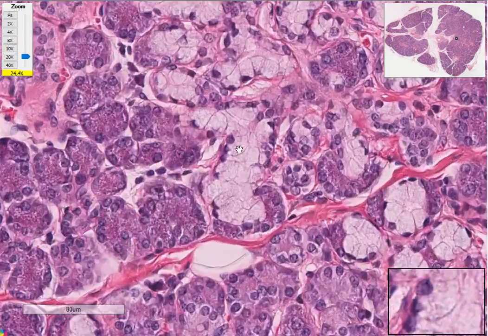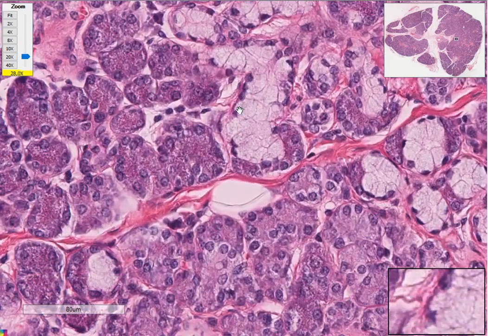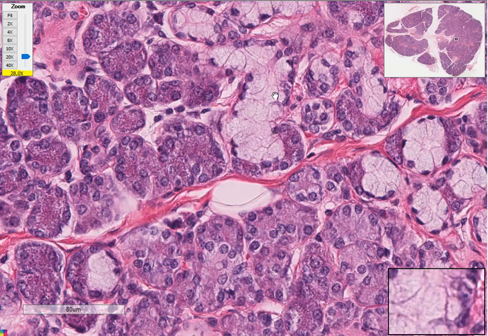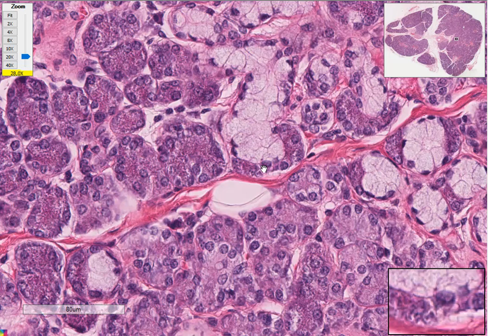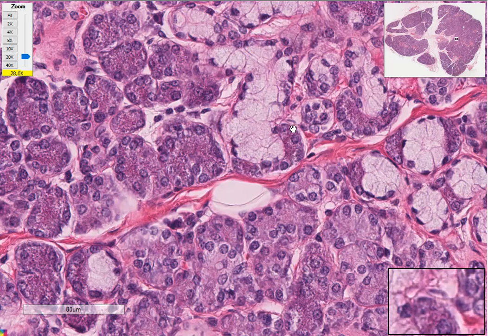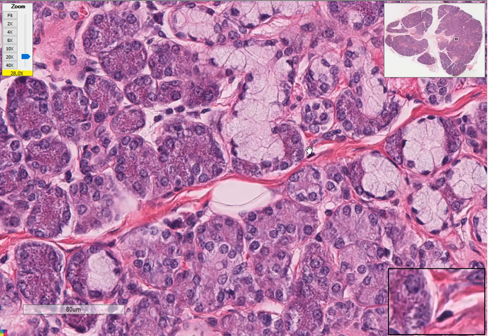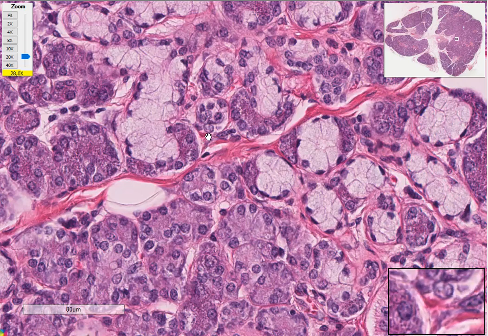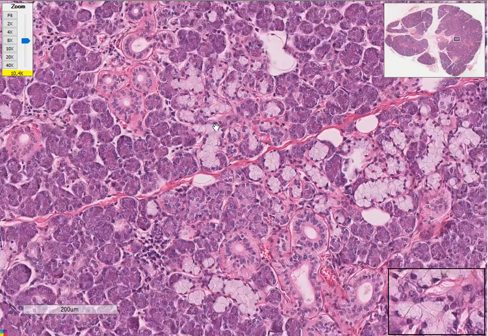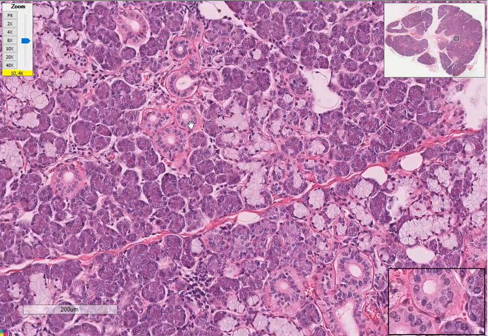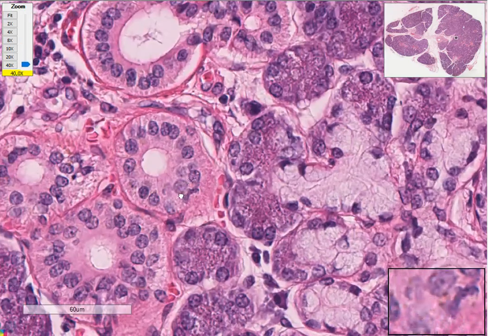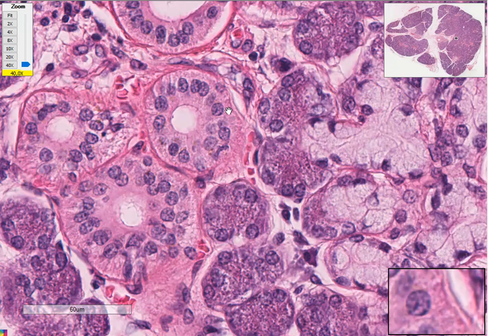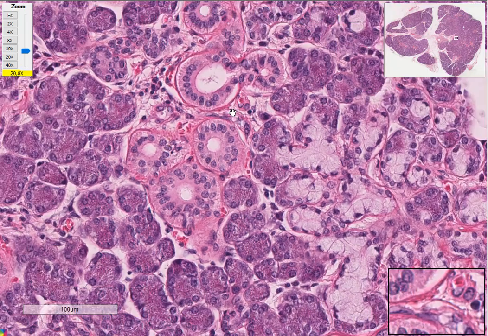You can see here, this is the mucinous part, and then the serous cells form a nice demilune, like a cap here. This is what we call a serous demilune. This is characteristic in submandibular glands or mixed salivary glands. And here you can see the striated ducts, with those basally located striations. Okay.